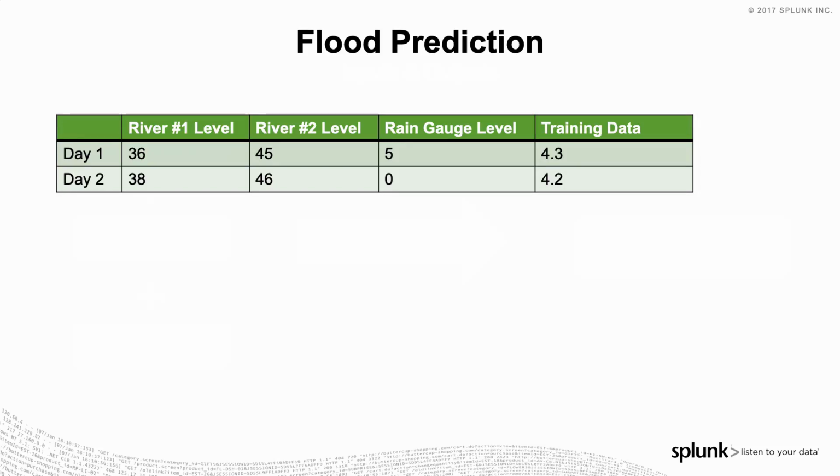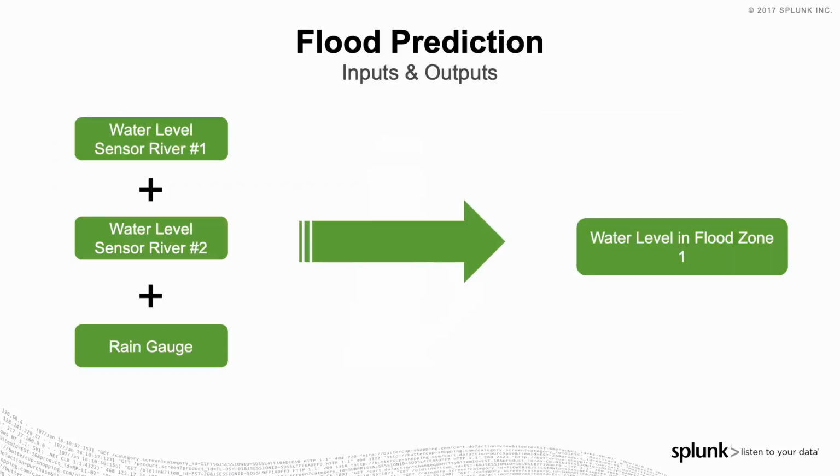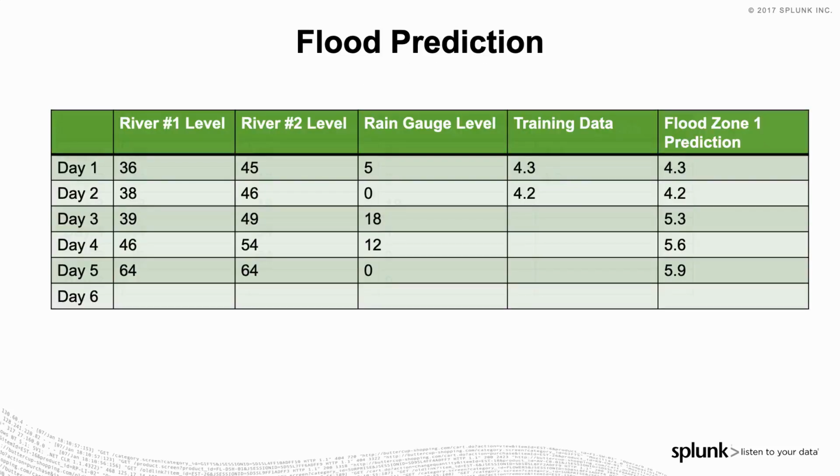With this data, Joan can help the computer define the relationship between the IoT sensor readings and the water levels in each flood zone. Once the computer has learned that relationship, it can come out with educated guesses at what the water level in each flood zone is. The benefit to Joan is great, because predictive analytics allows Joan to predict the water level in each flood zone without having to spend money to put a sensor in each one.